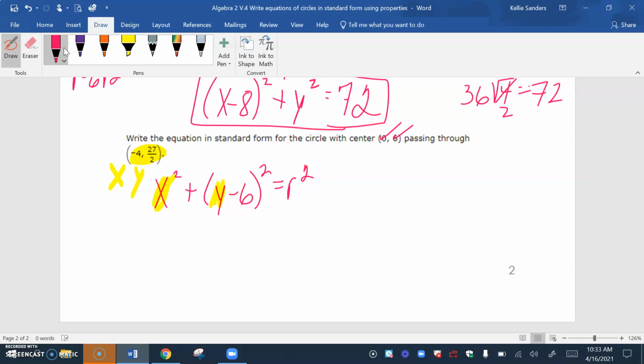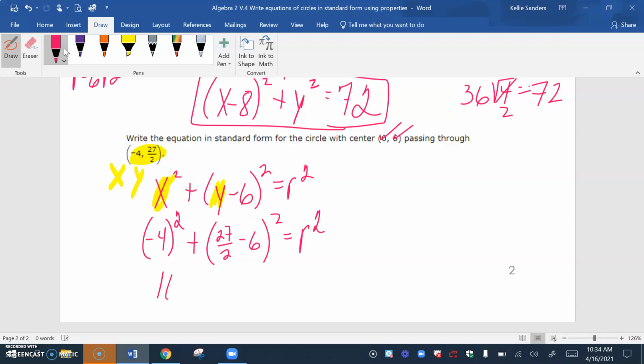You're definitely going to have a calculator because of that nasty fraction. But because negative 4 is negative, we're going to put parentheses right there. Then we're going to put 27 over 2 in for the y spot. And I am looking for the radius squared.